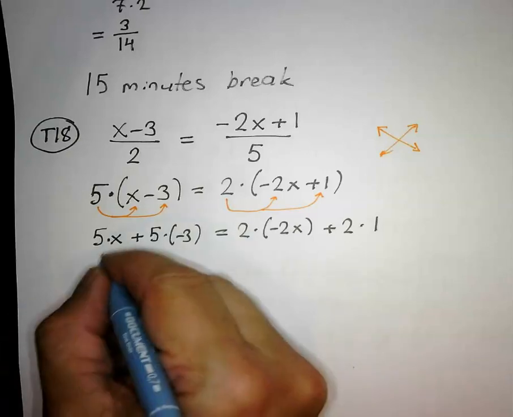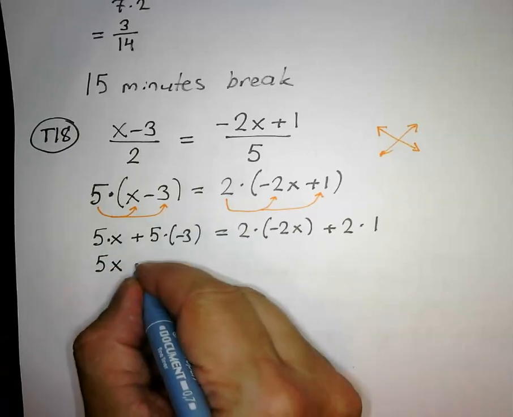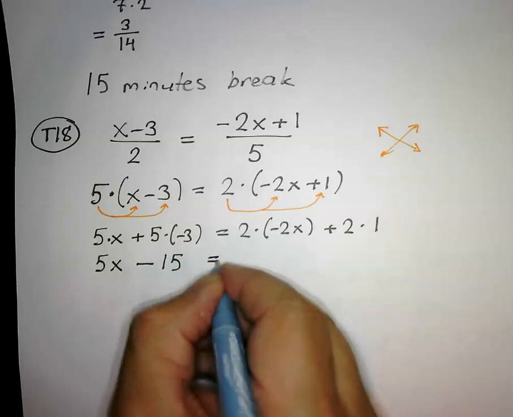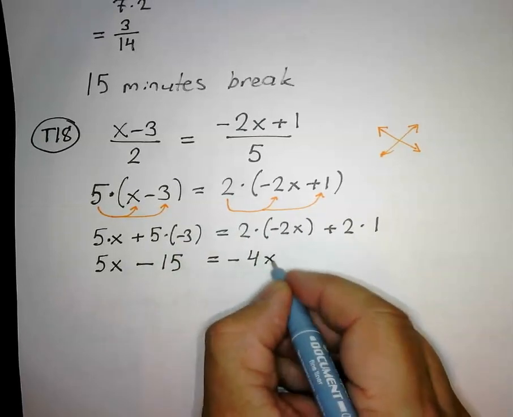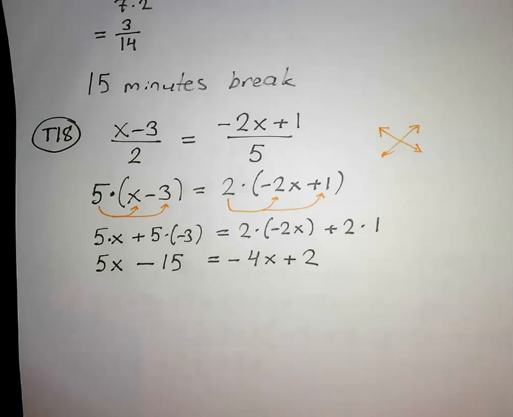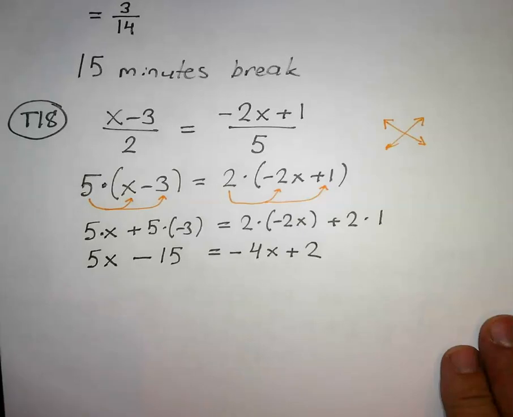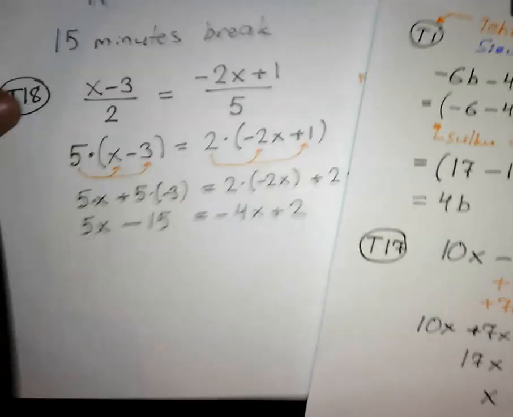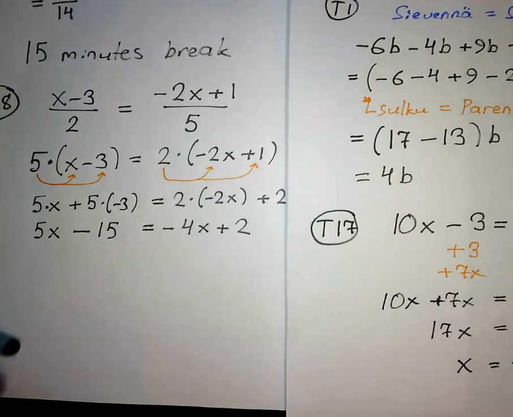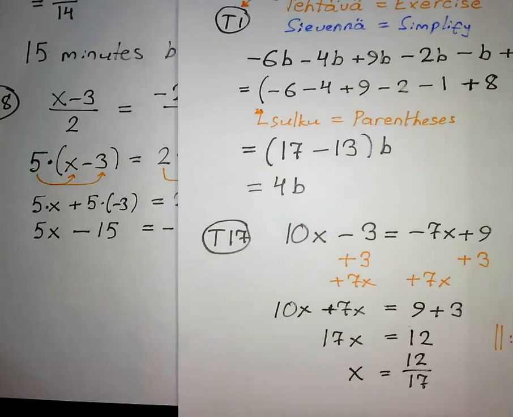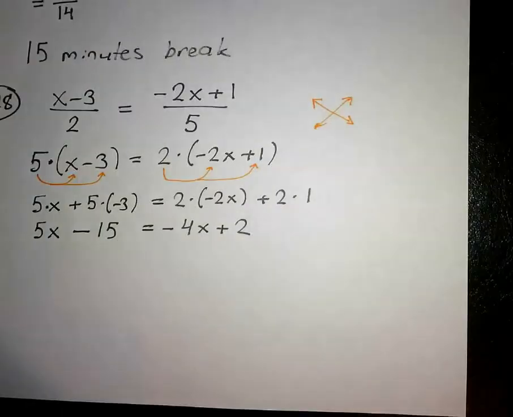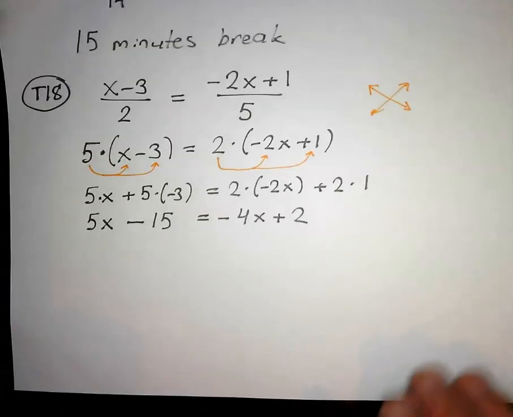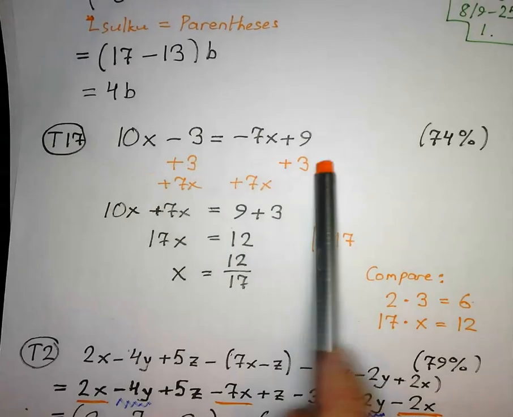And then we have 5x minus 15 equals minus 4x plus 2. And after this we have actually almost the same kind of equation as we had in this problem 17. They are quite near each other now. We continue the same way as we did in 17, but we don't use these intermediate stages now.